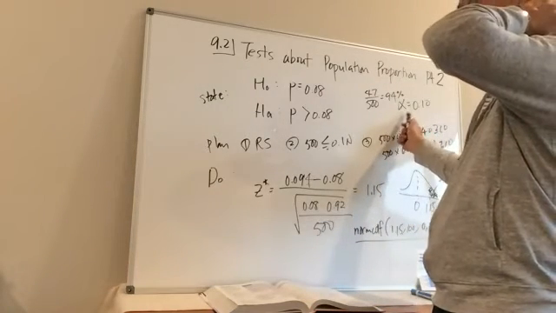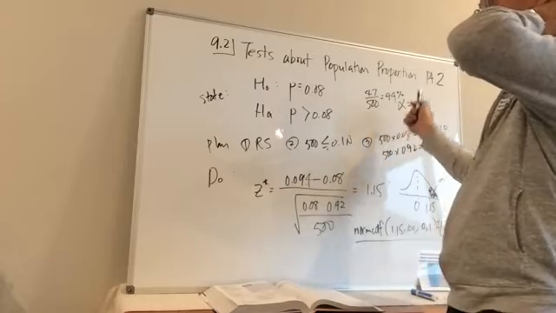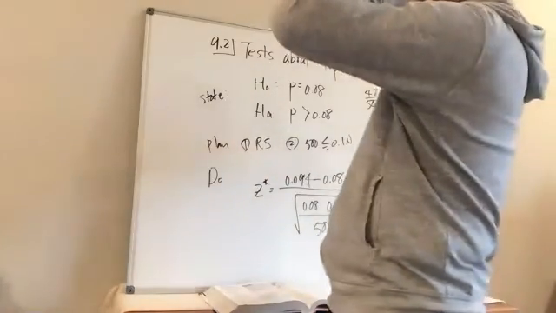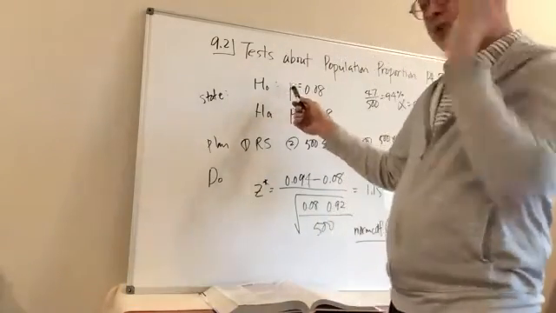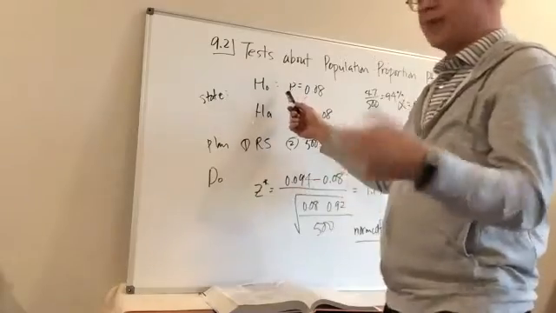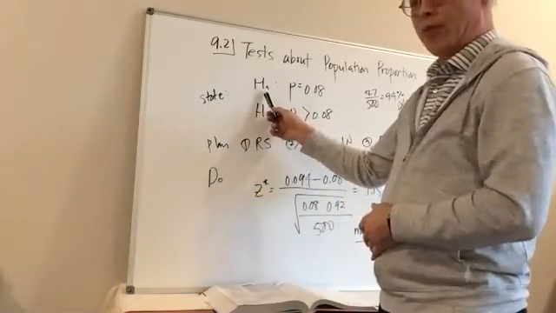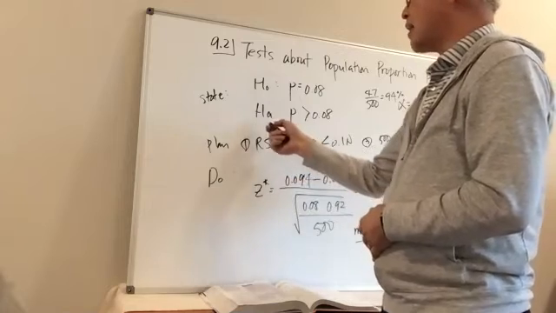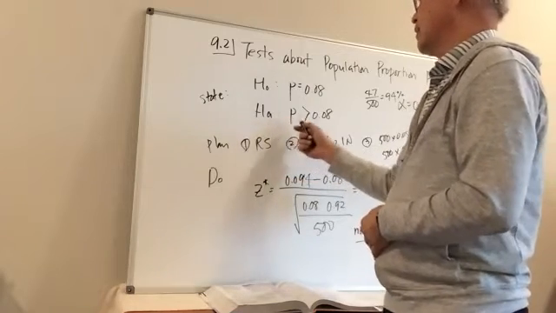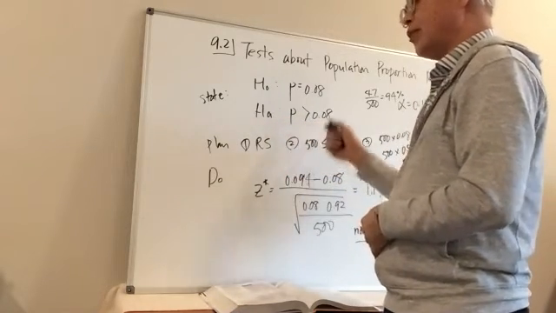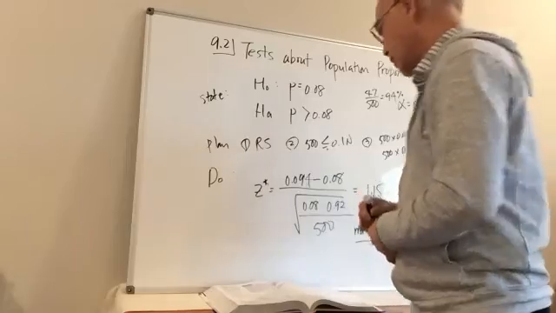Which means that I cannot reject the null. Doesn't mean I accept the null, right? We never accept the null. So I fail to reject the null. I do not have convincing evidence that p is greater than 0.08. Which means that what?